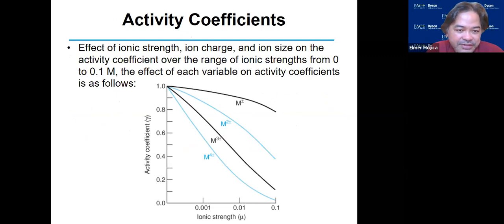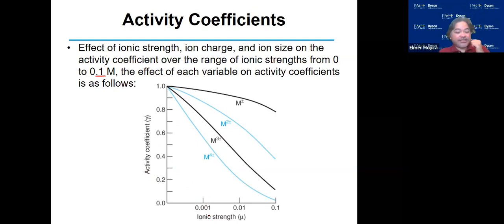So you have here the effect of the ionic strength, ion charge, and ion size on the activity coefficients over the range of ionic strengths from 0 to 0.1. And the effect of each variable on the activity coefficient is given here. So see how the charge affects the activity coefficient.